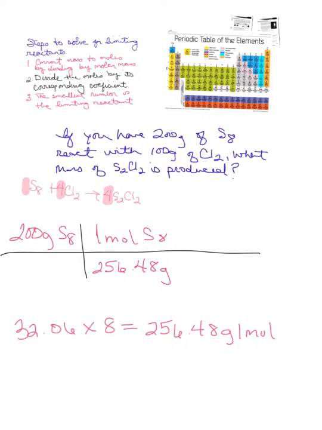That's a funny name. All right. Now I can do my calculation. I'm going to multiply my top, divide by my bottom. So 200, I'm putting this in my calculator, divided by 256.48.